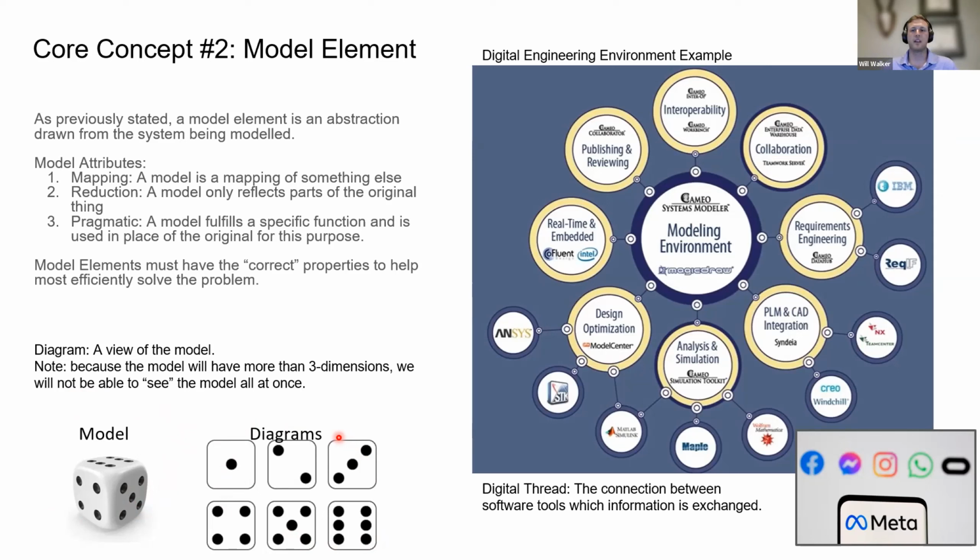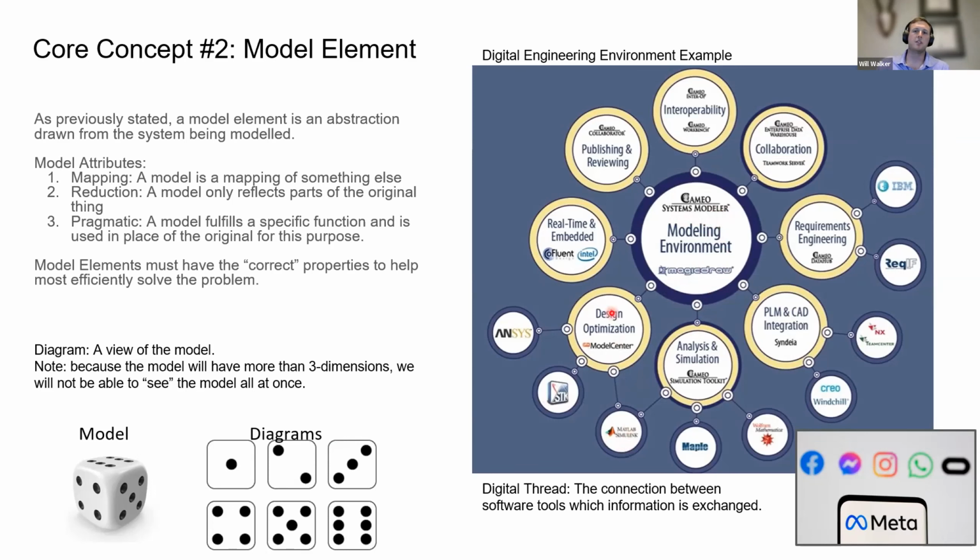and interpret that diagram. So over here on the right, we have the kind of modeling environment. So Cameo, this is our software that we use typically to do model-based systems engineering, and you can connect the Cameo tool to other softwares.